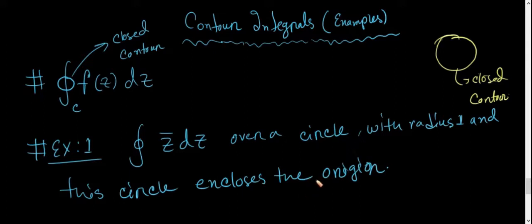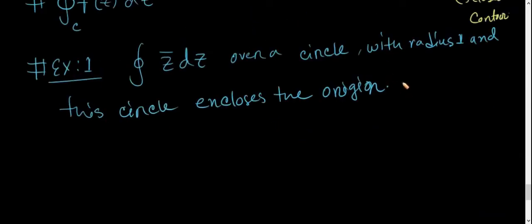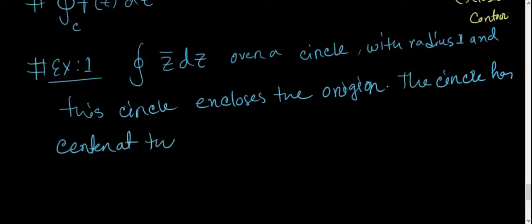So that's one way to see it, but encloses is a general idea. This means that whatever that circle is, the origin will be enclosed by the perimeter of the circle. So let's add another constraint, that is the circle has center at the origin.